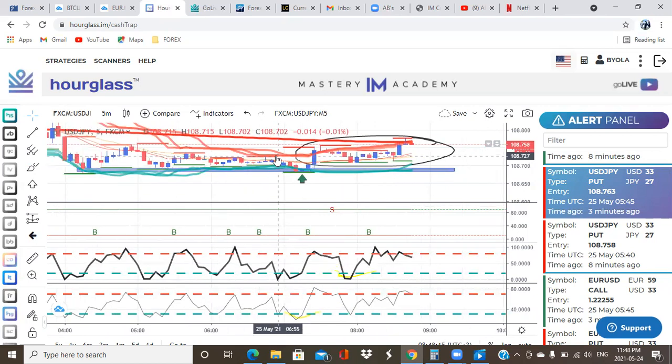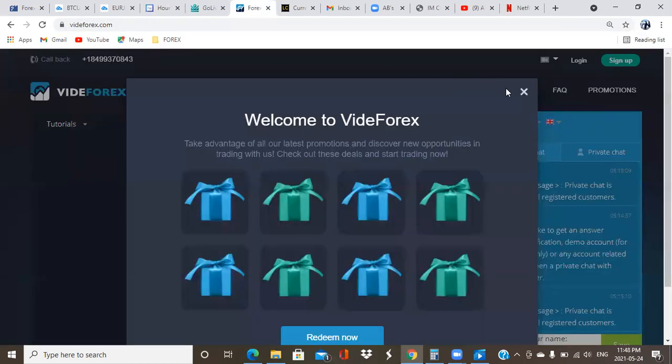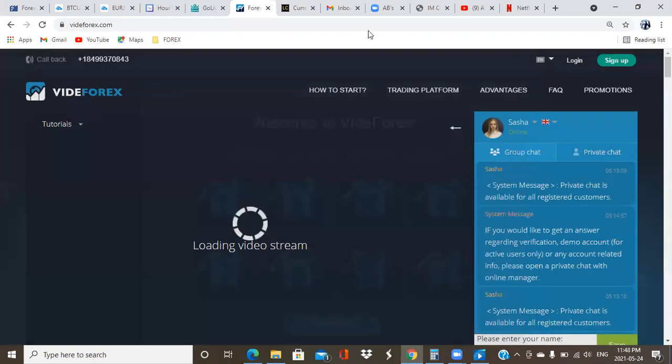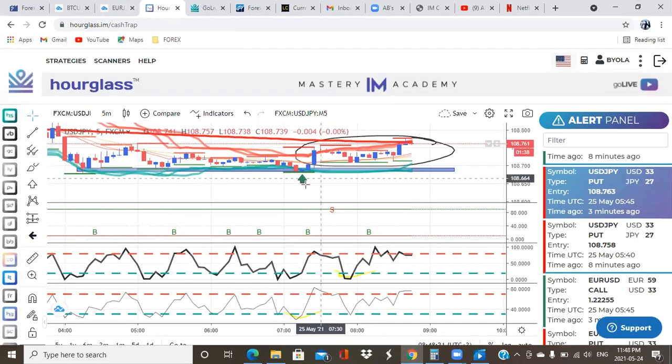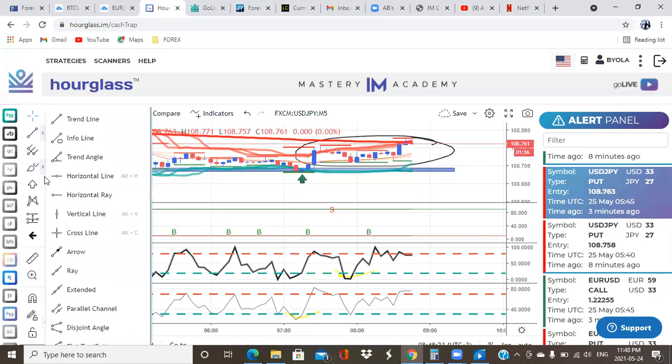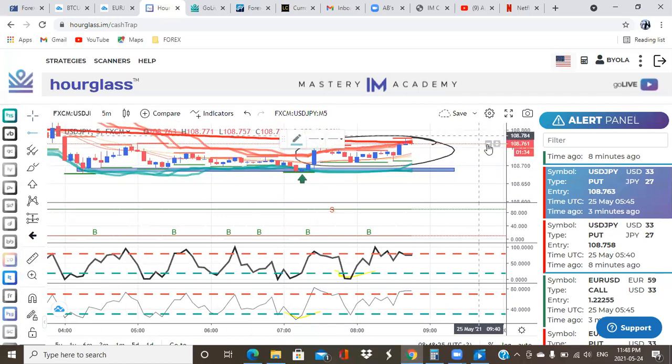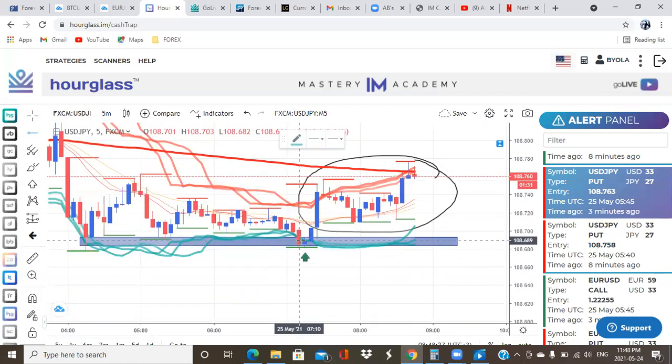Okay, you get me? So all you just have to do is come to your broker. So let's say, for example, this area here now, we're looking to take the trade. We are probably putting our horizontal ray somewhere around here. Good. So this is 686, right? 686 will be our entry.